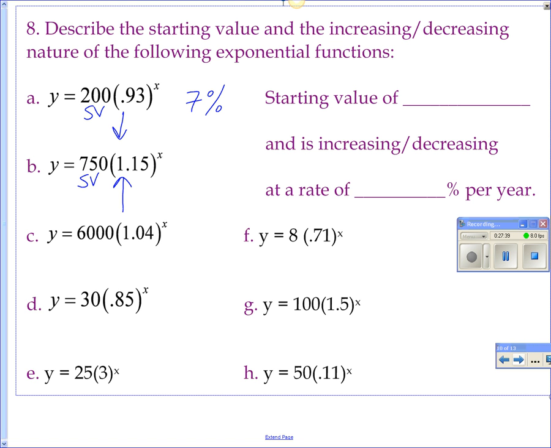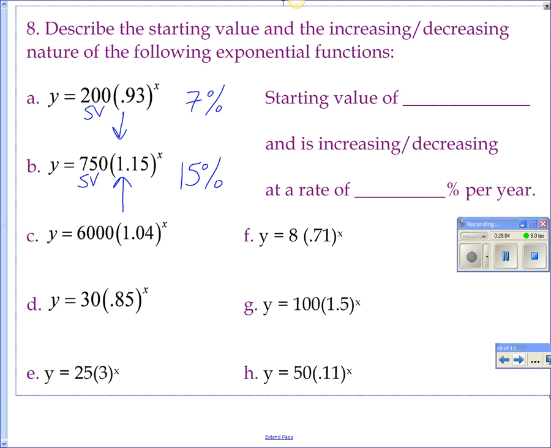That one's pretty easy, but let's just show people in the calculator. 1 minus 1.15. What would that have been as a percent? 15%. Don't worry about the positives or negatives, because we know it's going up. It just depends on what order you type it in your calculator.